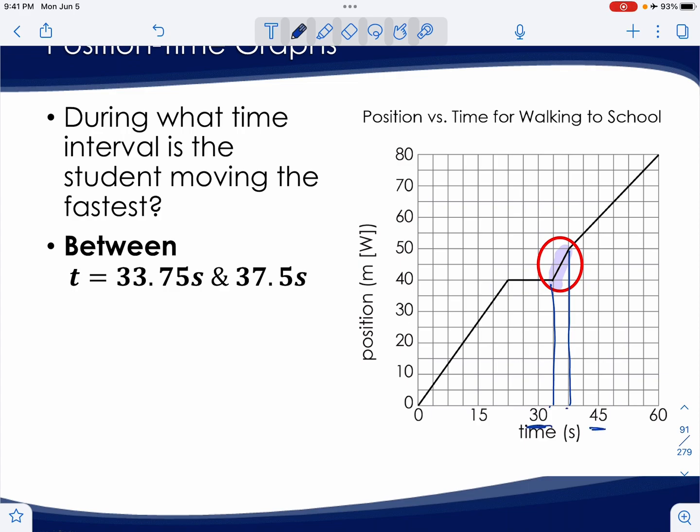So there are 4 divisions between 30 and 45. 45 minus 30 is 15 seconds, but there are 4 boxes. So if we take 15 divided by 4, that's going to give us the time for each of those boxes. So that's 3.75 per box. So this right here would be 33.75. And this one here would be 37.5 seconds.